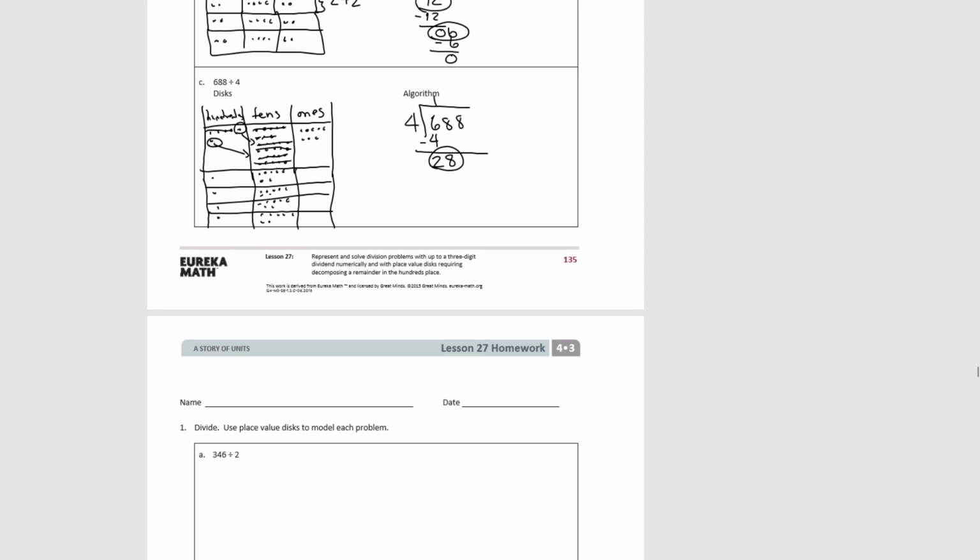We're going to record that also on our algorithm, 7 tens in each group. 7 tens 4 times would be 28 tens, so we've used all of our tens. We have 8 ones left, as we do on our place value chart. 8 ones divided into groups of 4 means we can put 2 ones in each group.